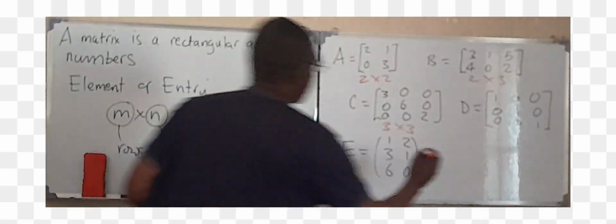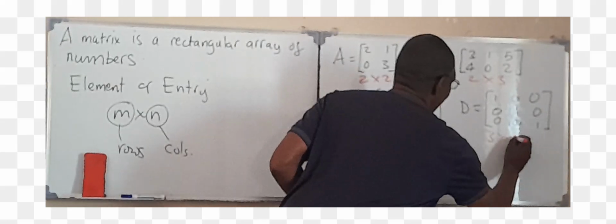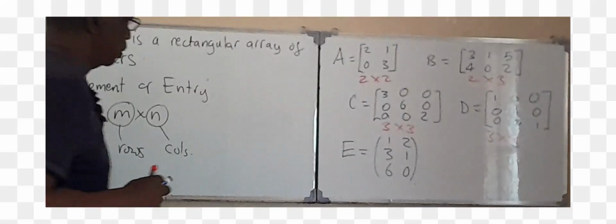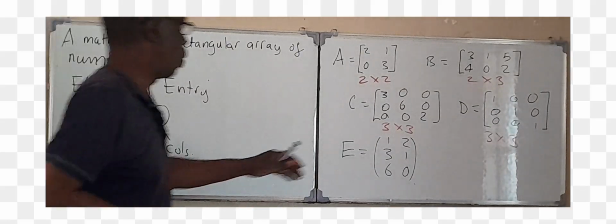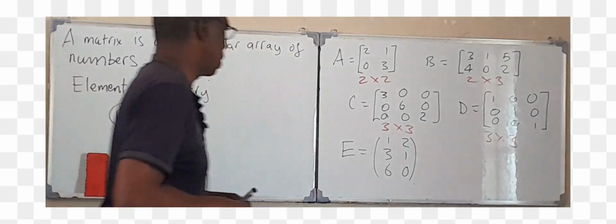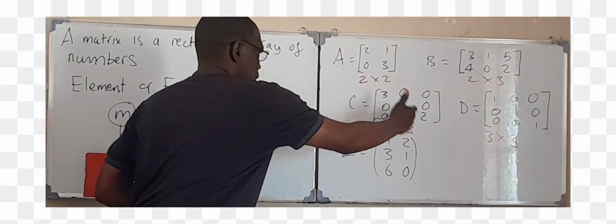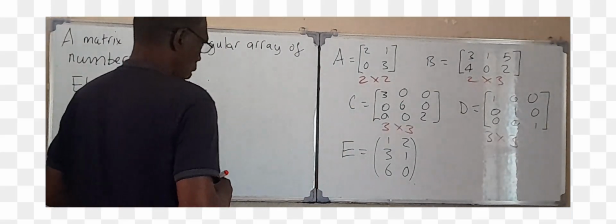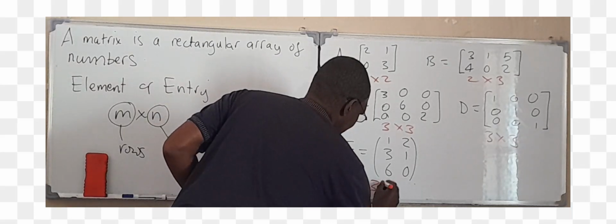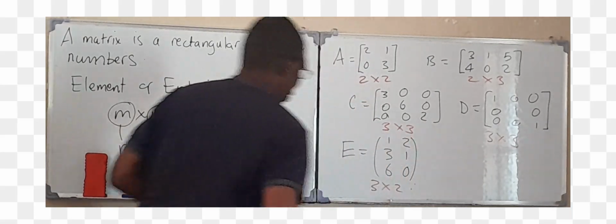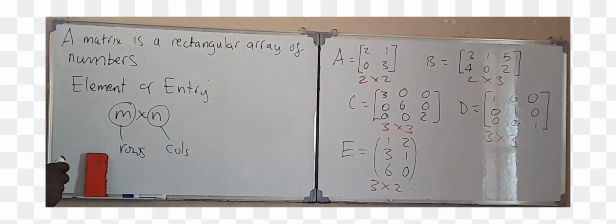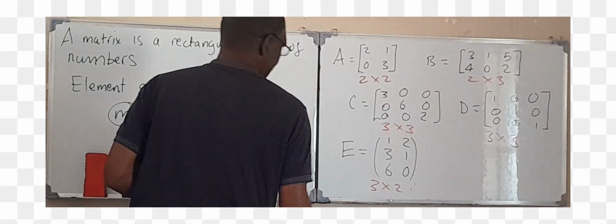What about matrix E? M is equal to 3, and N is equal to 2. So E is a 3 by 2 matrix. So those are the sizes of the matrices here.